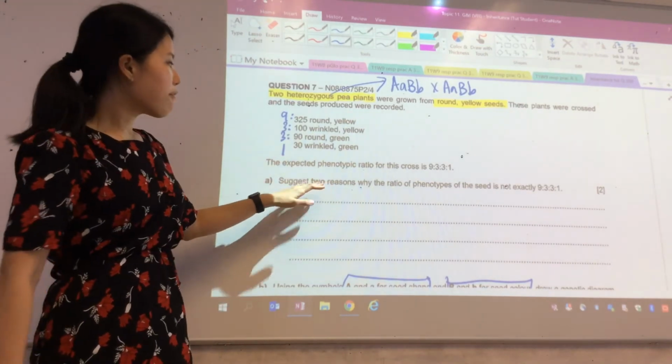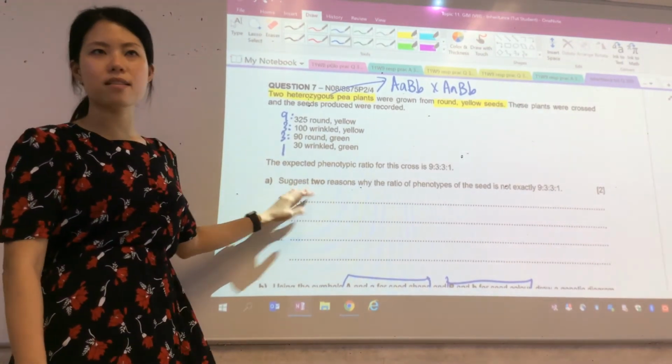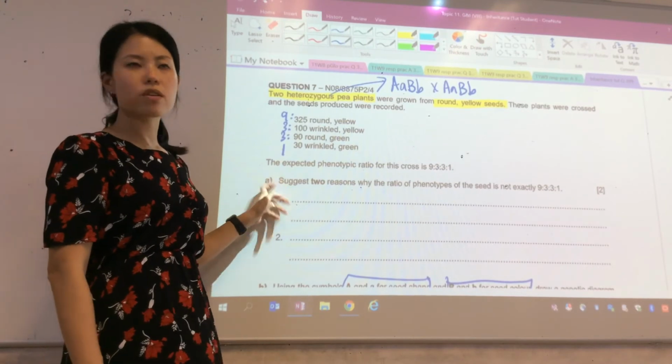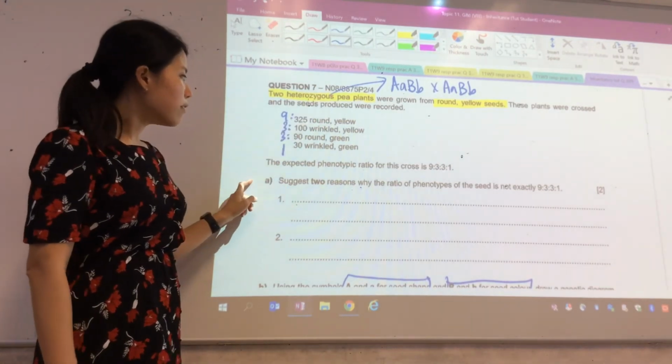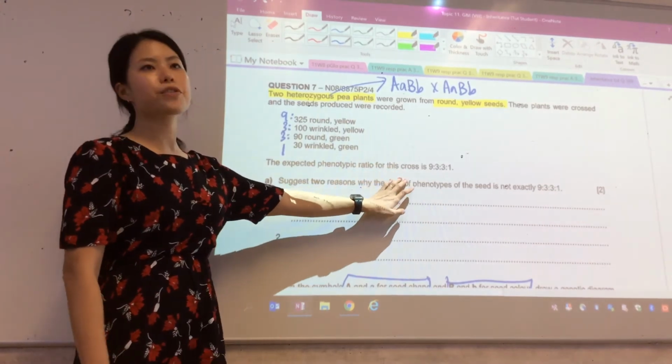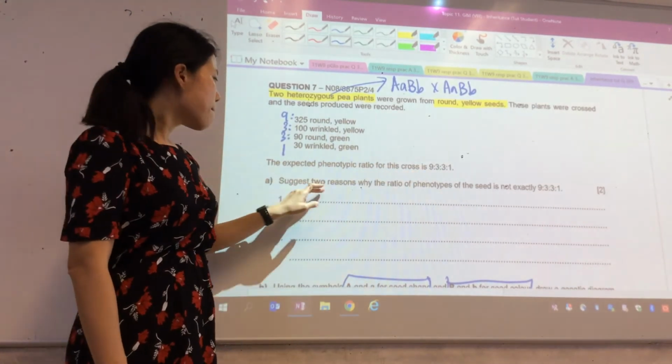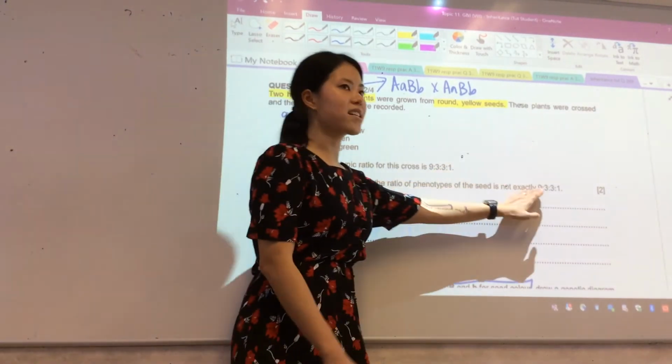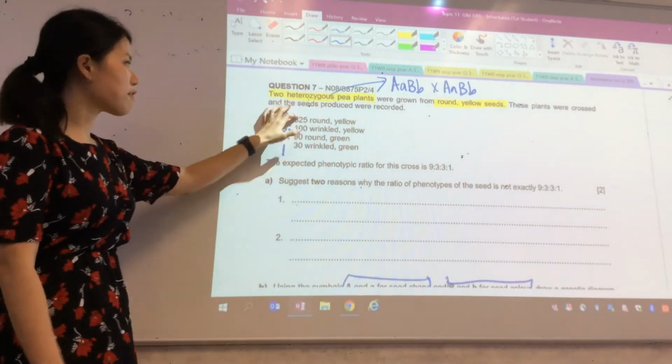Now, the first question, I don't know whether you understand what this question is, but it's commonly asked for Cambridge. Okay, you see it's a Cambridge question. The first question is, they say the expected phenotypic ratio for this cross is 9:3:3:1, right? Why is it that the ratio is not exactly 9:3:3:1 if you look at the offspring?